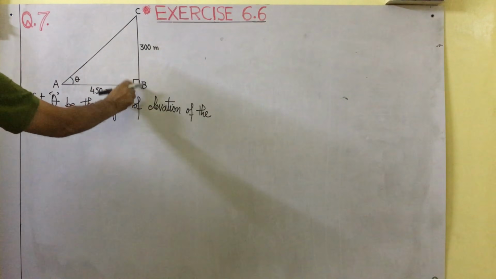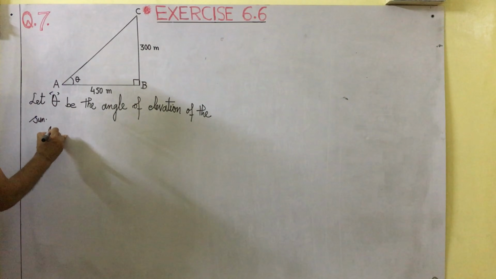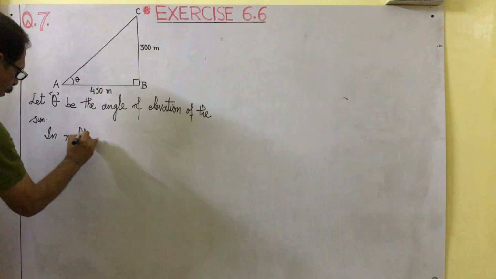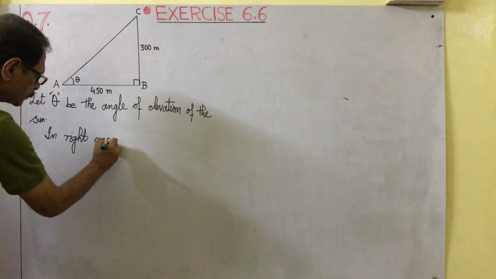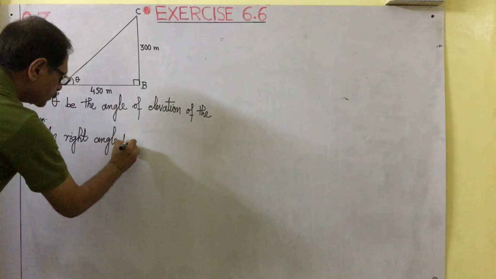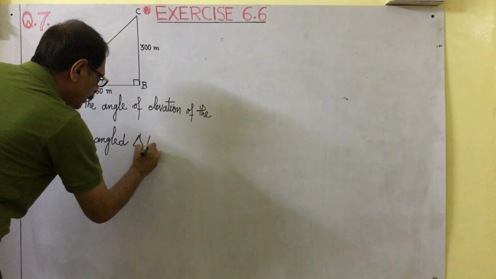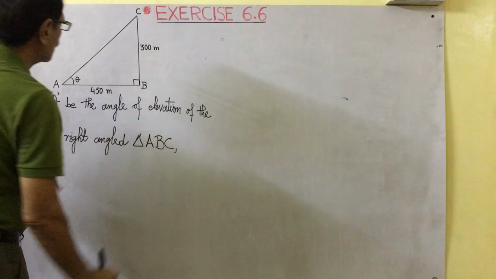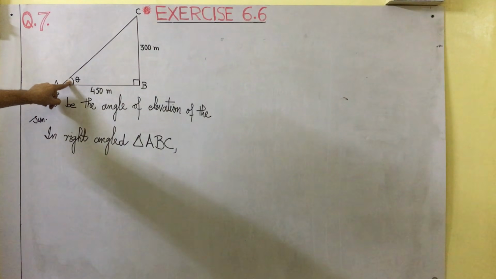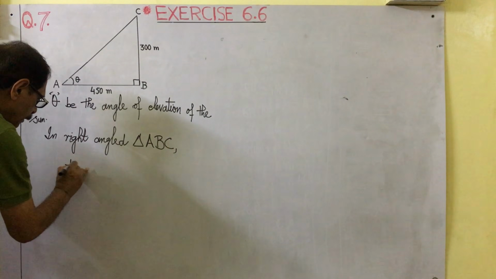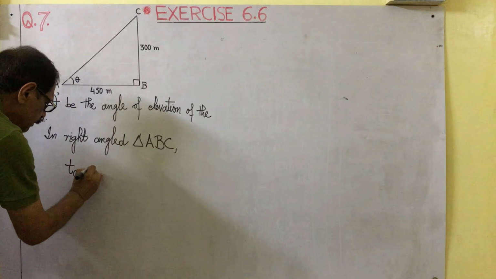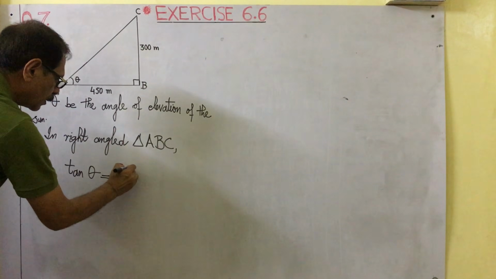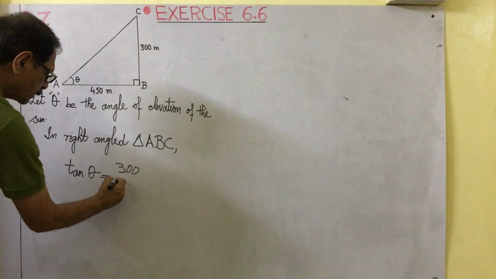In right angle triangle ABC, tangent theta is equal to perpendicular over base.